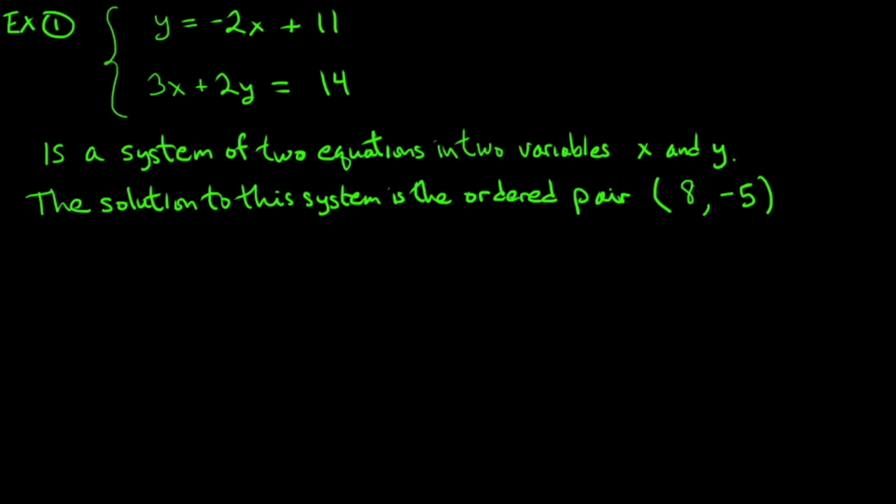Here's our first example: the equation y equals negative 2x plus 11 and 3x plus 2y equals 14. I tend to label them as equation A and equation B. You can call them 1 and 2, or have different labels so we know which one is which.